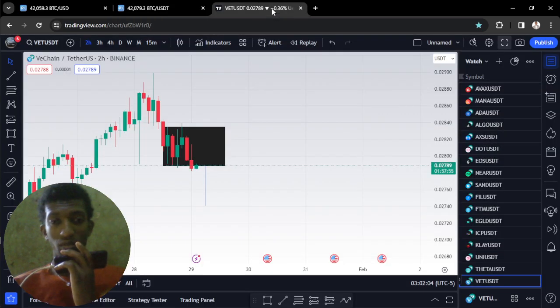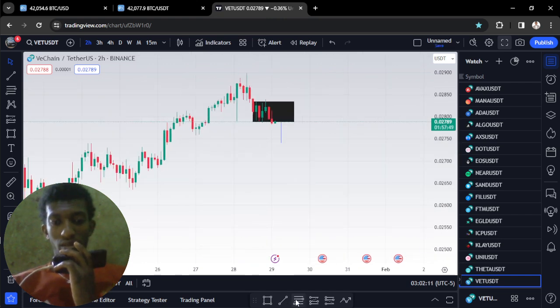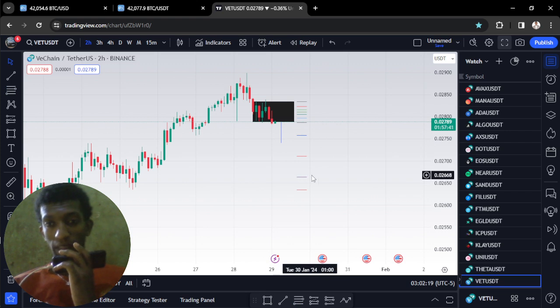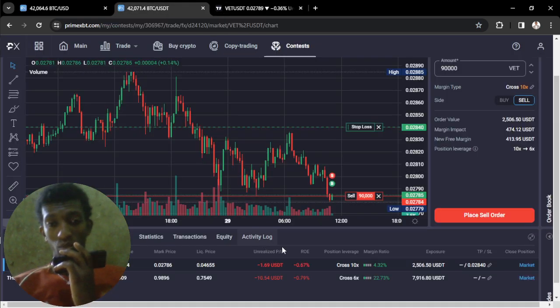I mean, the take profit. I'm sorry, the take profit. The take profit in this case, I would let it run to the TP3. So as you can see, TP3 is exactly right there. 0.267.